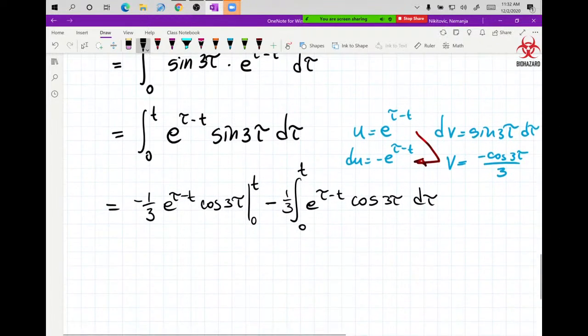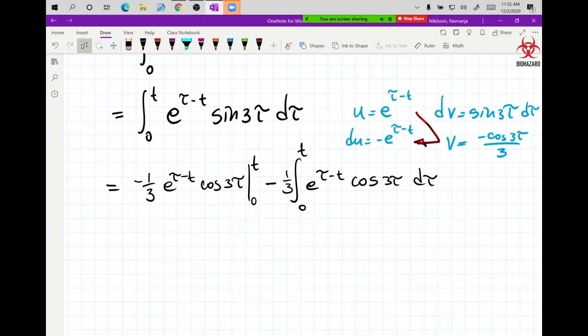So that's our first pass on integration by parts. We got our first part out, but now we need to deal with this one more time.